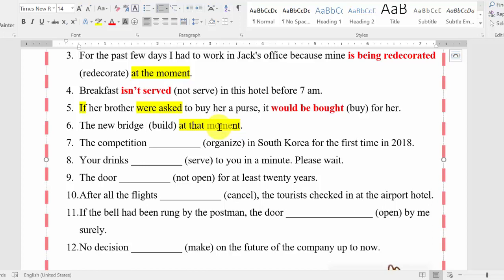New bridge, one bridge, we use was being PP. Build, PP, built. Was being built.